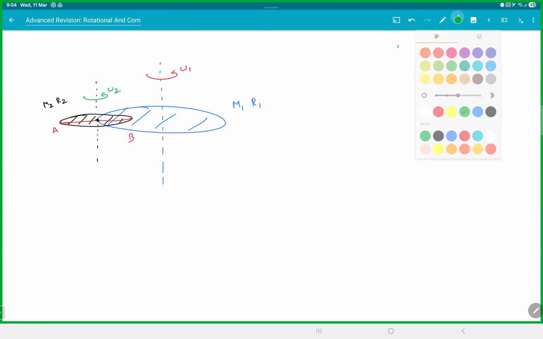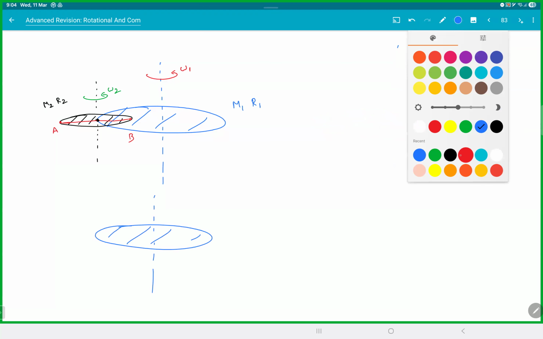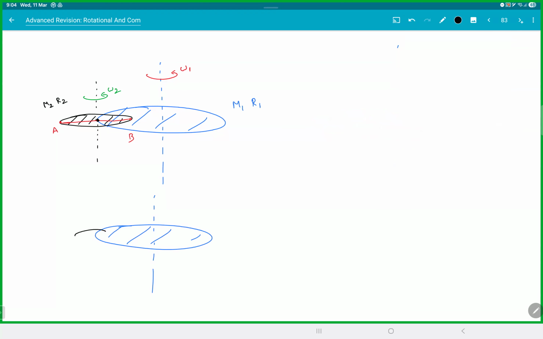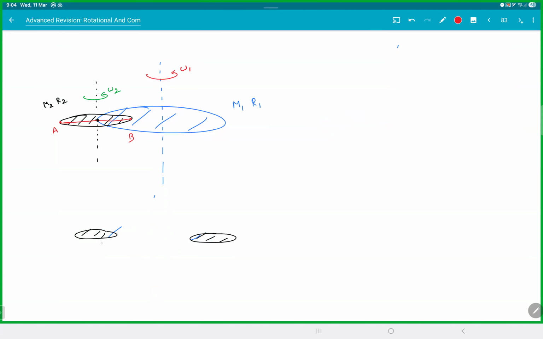First, I will do the translation. So when it does the translation, it goes like this. So this is your translation. Remember, it is free to move, okay? So AB will be AB only.